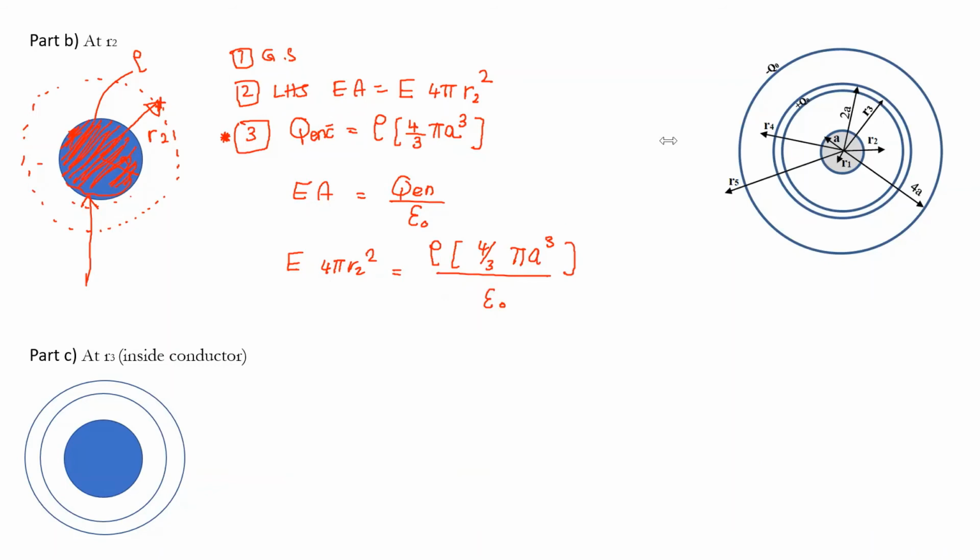So now we have to write it nicely. 4 pi gets cancelled, right, in both sides. So I'll write it directly. Rho, 4 pi got cancelled. You are left with a to the power 3 here, over 3 epsilon naught, r2 to the power 2.